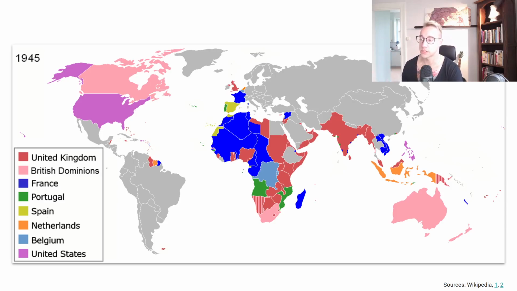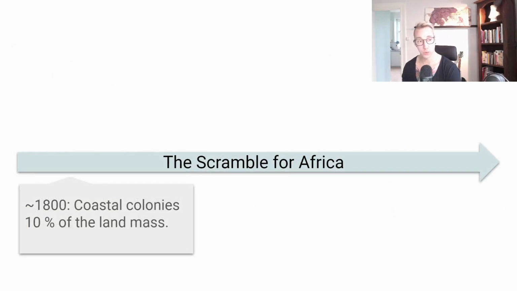And this is interesting for us to see, to understand the way that it went from a world with a mishmash of different smaller or larger kingdoms, into one where around 7 European countries came to dominate the world. That's why we're now going to be taught about something called the scramble for Africa.